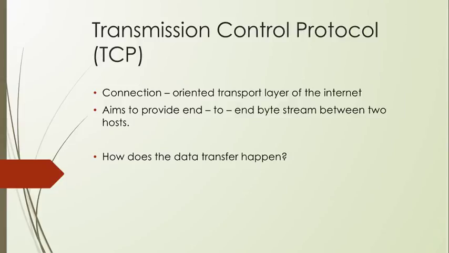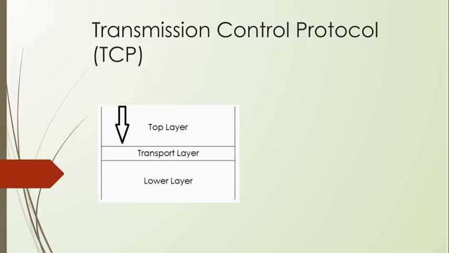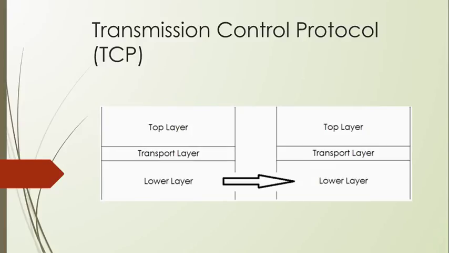So how does data transfer happen? Here are some diagrams. From the top layer, an application sends data, then that data will be controlled by the transport layer. Then the transport layer sends the data to the lower layer, where the lower layer of our OSI stack communicates with the lower layer of the OSI stack of another computer.